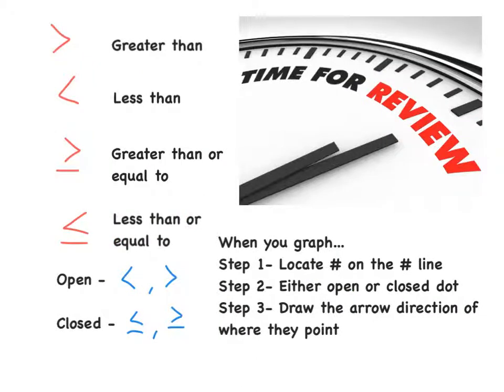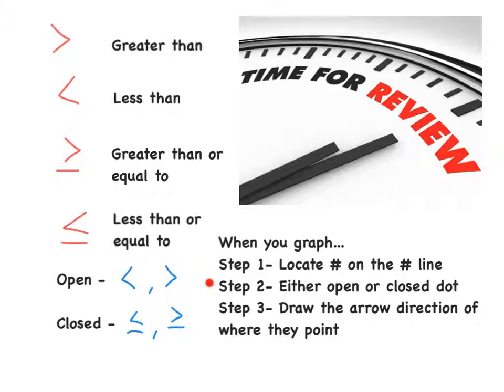So just a quick review for time. We have our inequalities: greater than, less than, greater than or equal to, less than or equal to. When you're graphing, we have a couple steps. Step 1, locate the number on the number line.